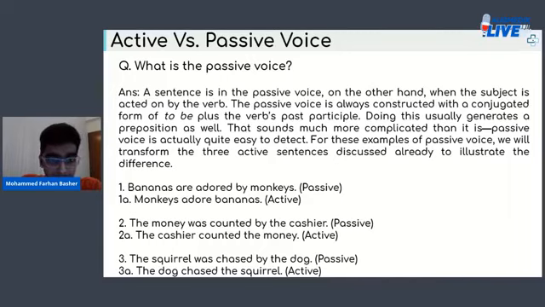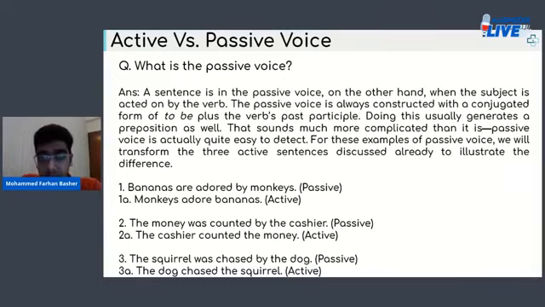Now note, when you just write chased, this verb is in the active voice. But when you switch it to the passive voice, it becomes was chased. Here, in the active voice, the subject takes an action. The subject is immediately followed by the verb, the word that tells what the subject has done, is doing, or did.